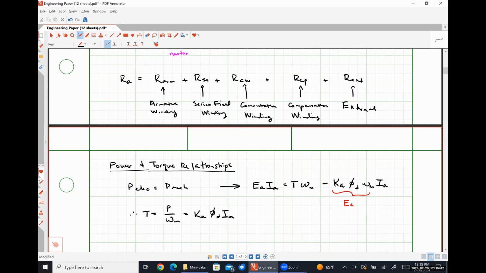So like I said, relationships for the DC motor, very, very simple.